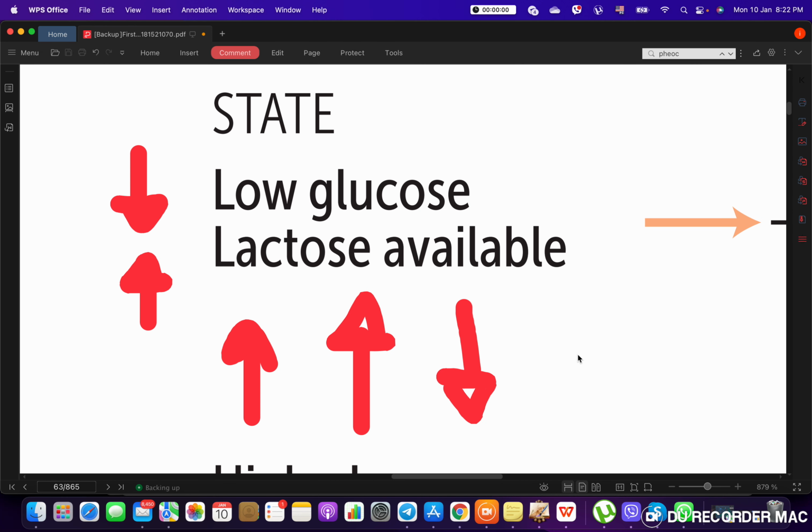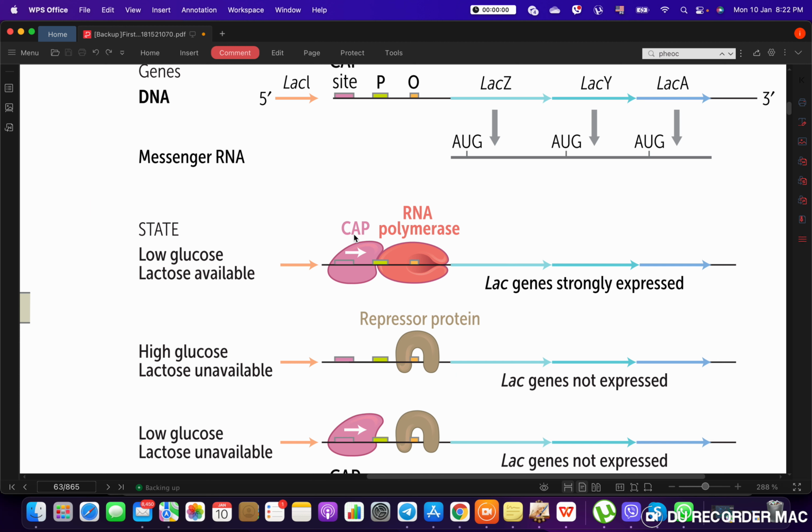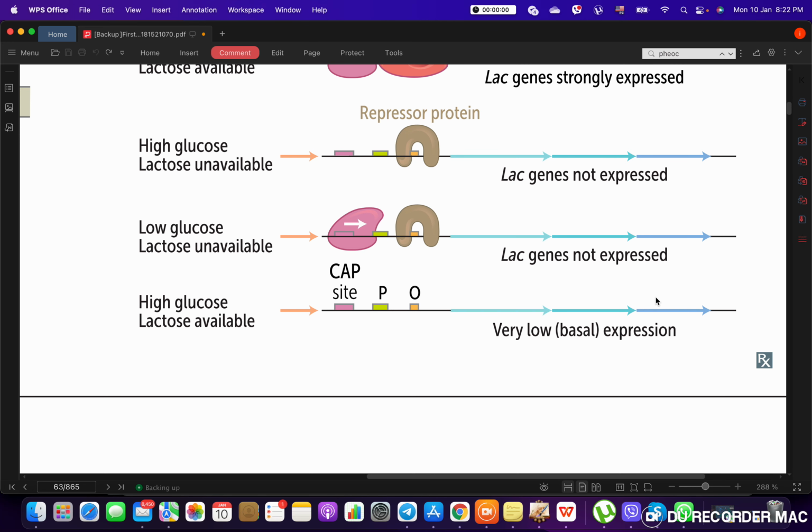And what is going to happen to the transcription of the enzymes? Up. Okay, done. So that's the first state. It's the perfect state. The CAP is activated by the low glucose, basically increased cyclic AMP. And the polymerase is active and able to move forward because there is no repressor to inhibit it, because the lactose took it away.